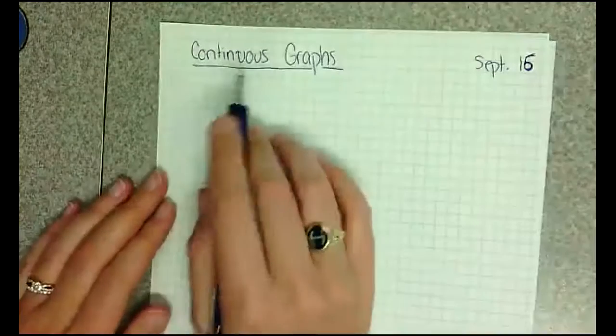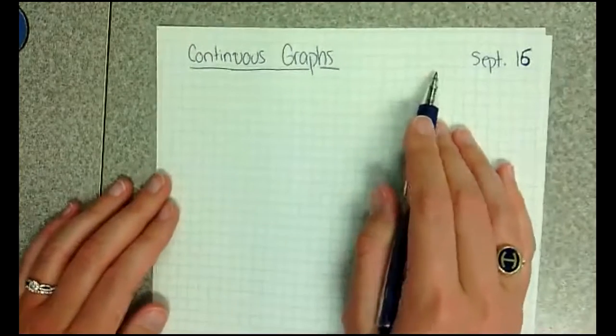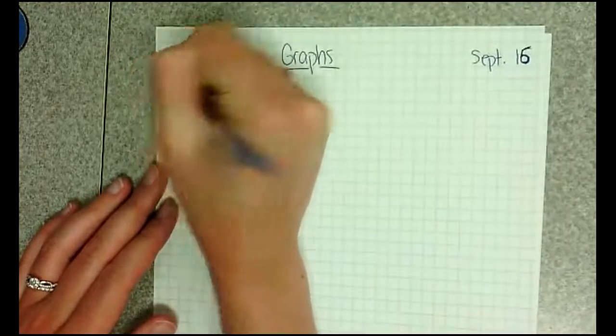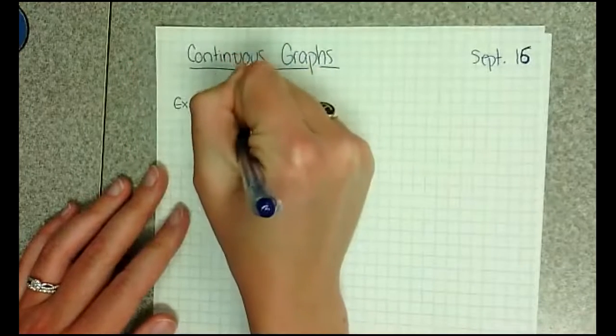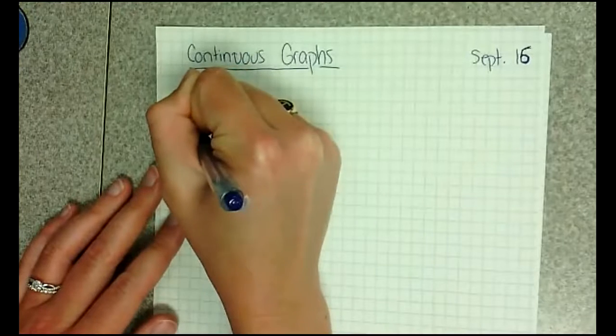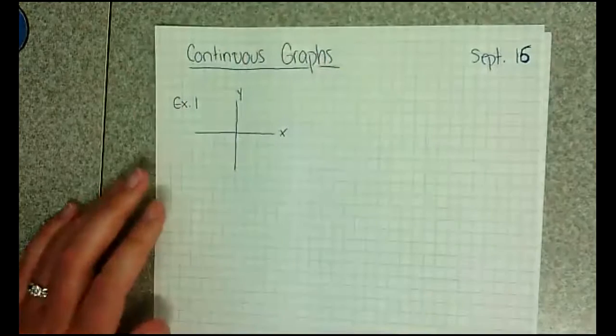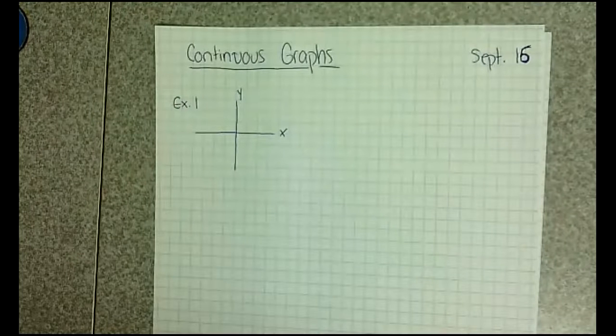So here's your header for your notes today. And graph 1, or example 1, we're gonna draw in the XY coordinate plane. Okay, so you're just gonna kind of sketch some graphs for me. I know you don't have graph paper, you're just getting an idea of what this looks like.